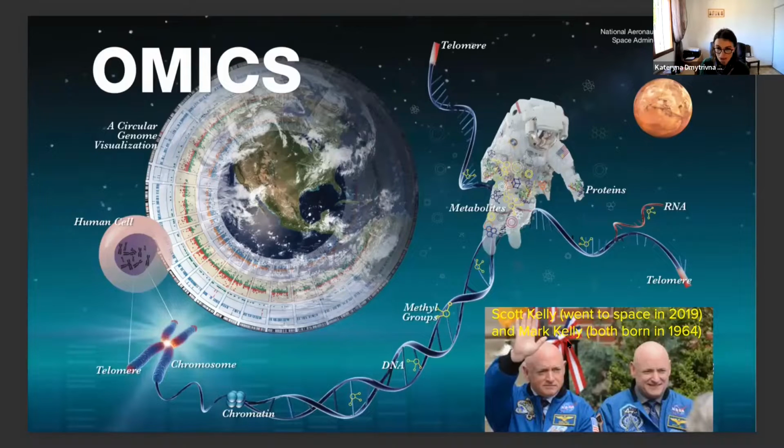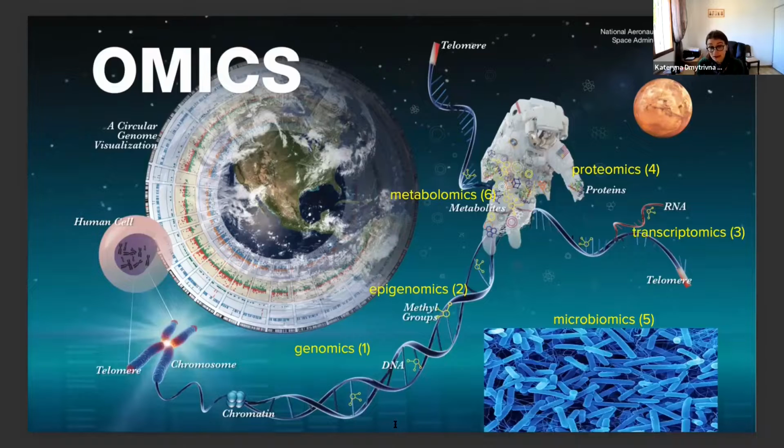In particular, what was compared is their genomes. Well, they are almost completely identical because these are identical twins. But genomics is the type of omics that actually gathers the information about an individual's genome, frequently at the single cell level.